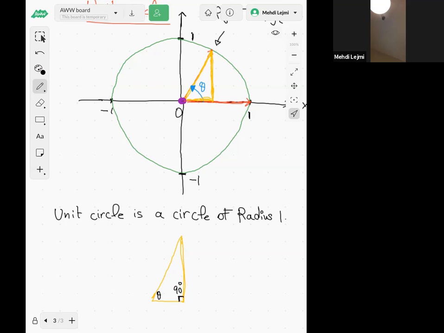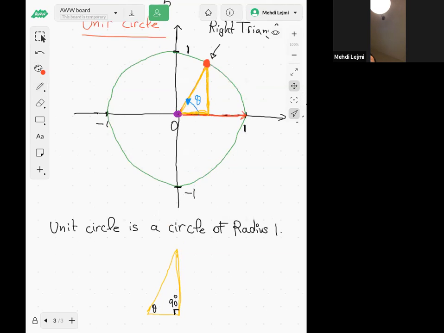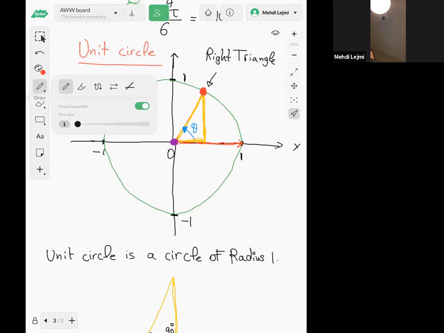In this right triangle, there's this point here, which is one of the vertices of my right triangle. Let's call this point the point XY.